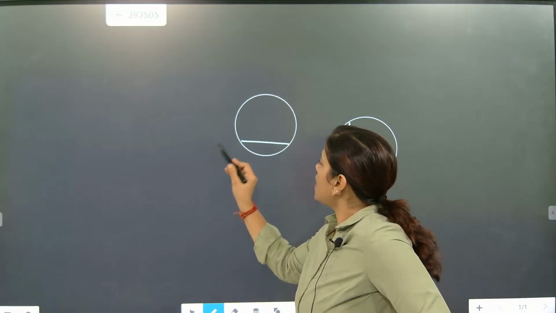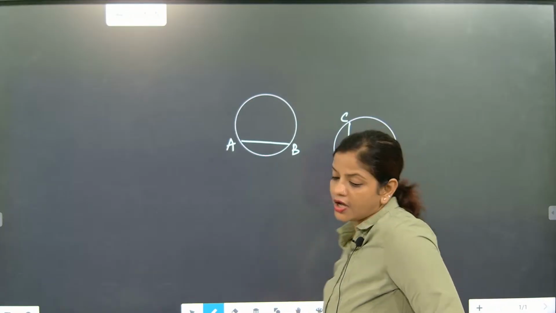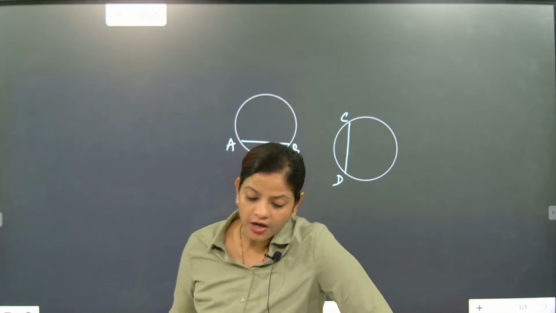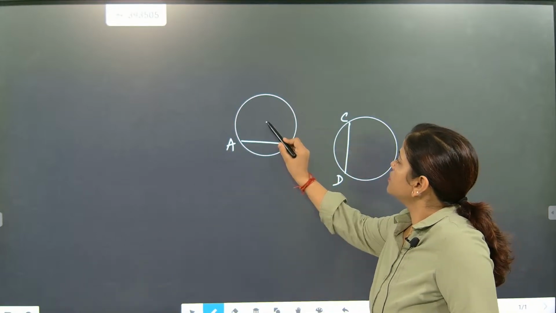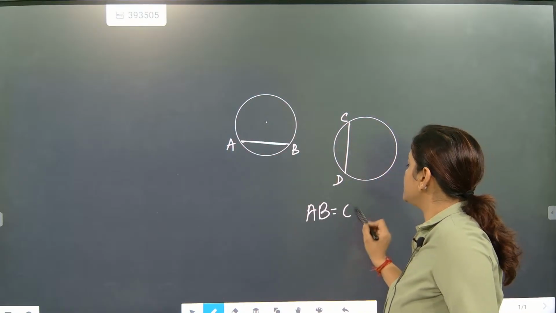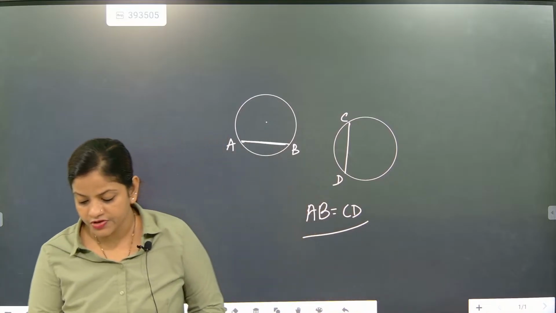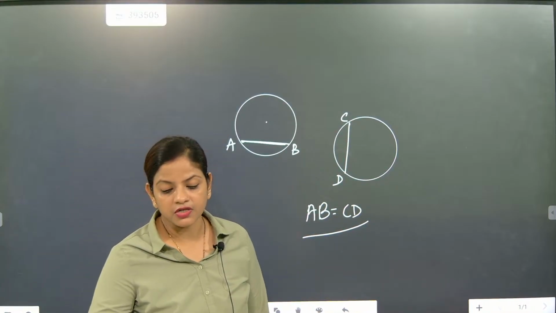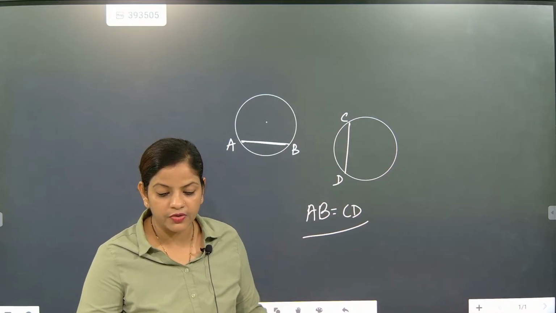Now if these two arcs of a circle, AB and CD, are equal, then their chords are equal. So definitely chord AB will be equal to CD. This is one of the most important parts. If two arcs of a circle are equal, their chords are also equal. That's another important theorem we are going to understand.